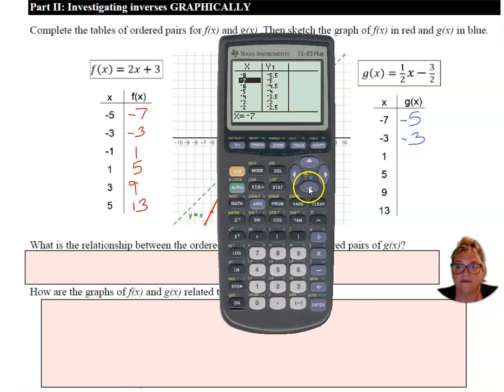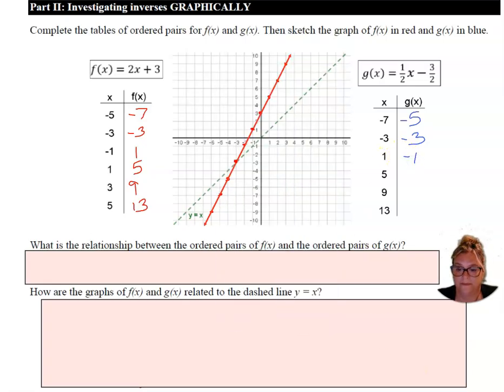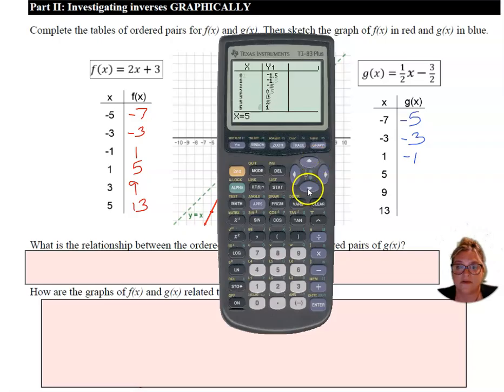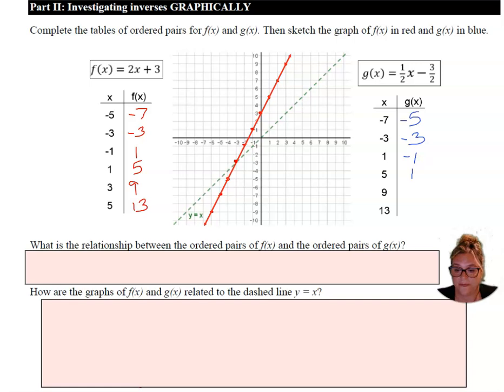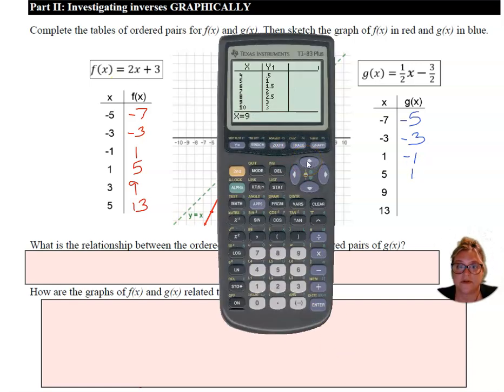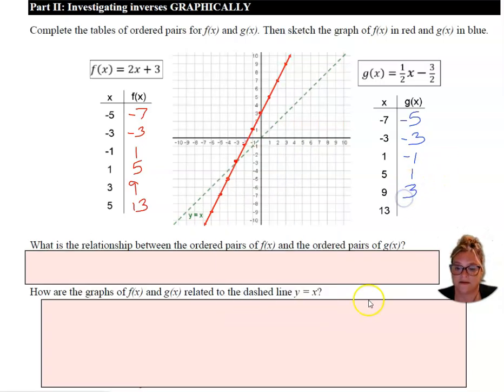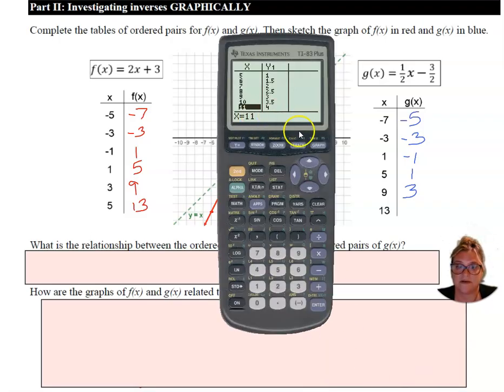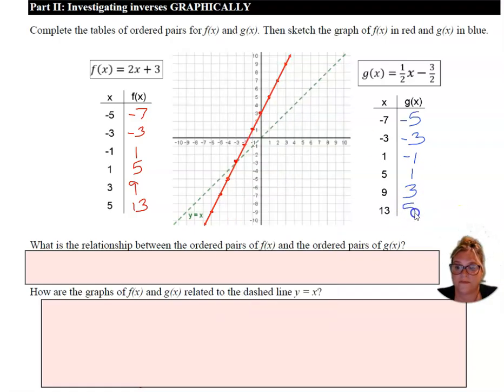Then we have (1, -1). Then we've got to scroll down to 5. So (5, 1) is on the graph. And then we'll scroll to 9. And (9, 3) is on the graph. And then we'll come down here to 13, and that's a 5.